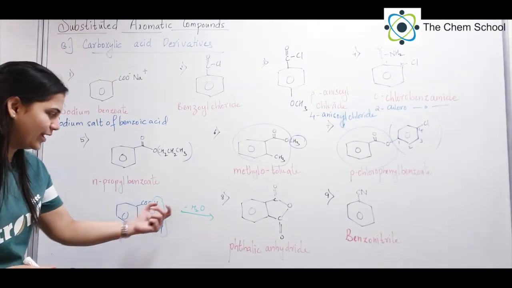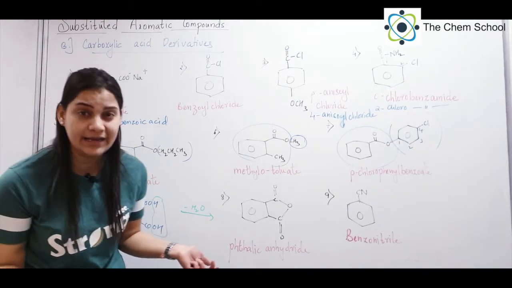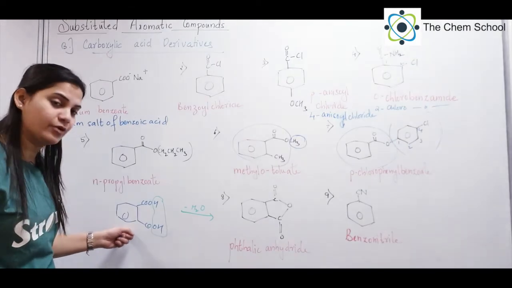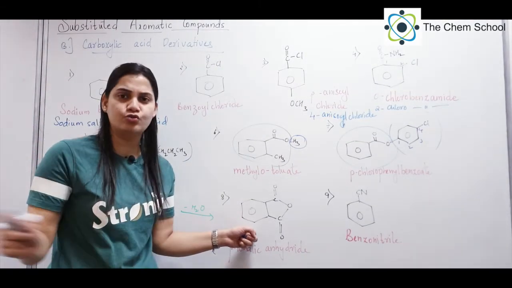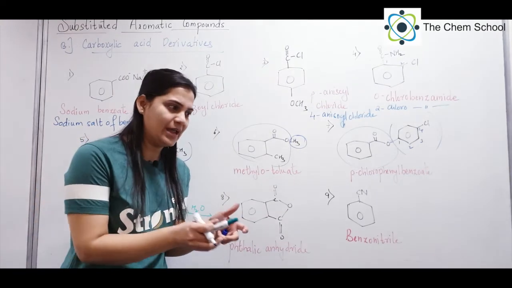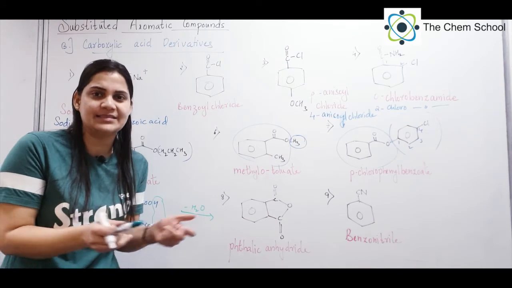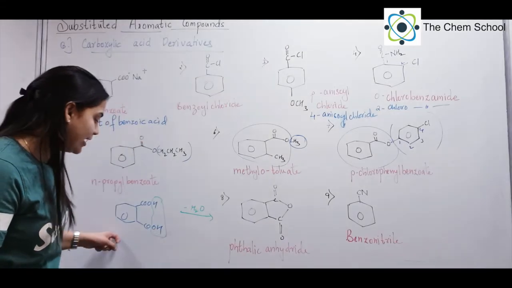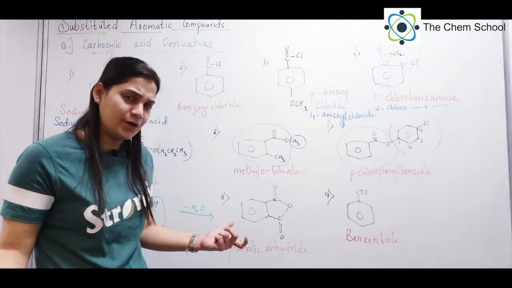Whenever you remove a water molecule from something, you say it is an anhydride, right? Because I removed water from phthalic acid, this becomes phthalic anhydride. This is true for all of them. For example, if you have two acetic acid molecules and you remove water, you will say it is acetic anhydride. Similarly, if I remove water from phthalic acid, it becomes phthalic anhydride. This is one more thing that you can remember.